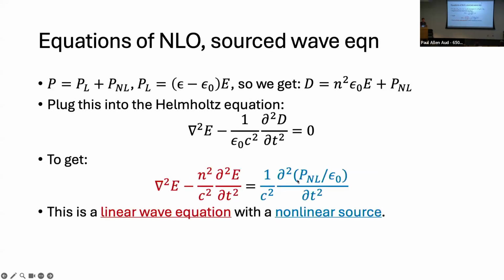And that's what leads to, you can work out the math, a nonlinear term in this polarizability. And plugging this into a Helmholtz equation, which you get from the Maxwell's equations, you get something that looks a lot like a sourced wave equation. So you have a Helmholtz equation term on the left side, and then on the right-hand side, you have this nonlinear polarization that you get from, well, the nonlinear element in this polarization.